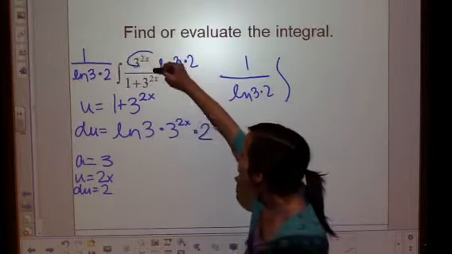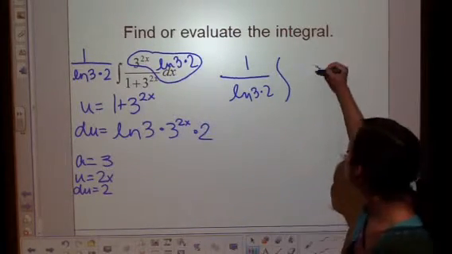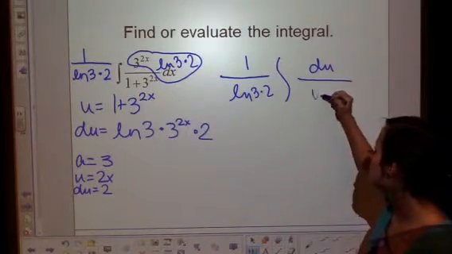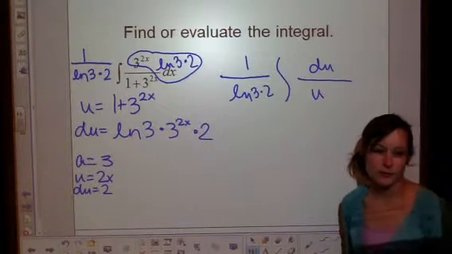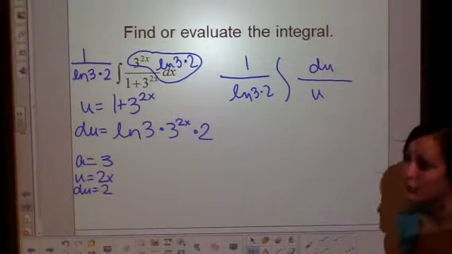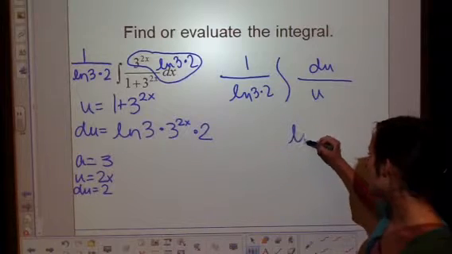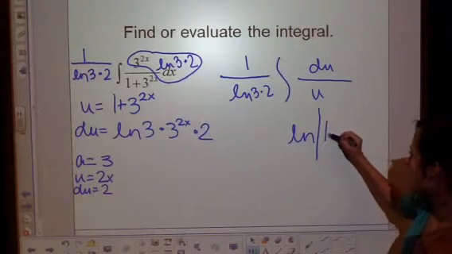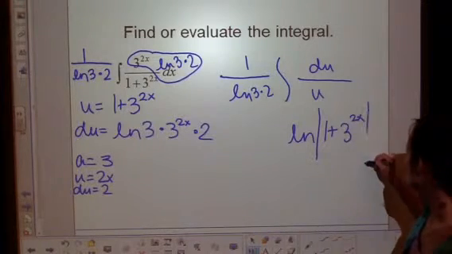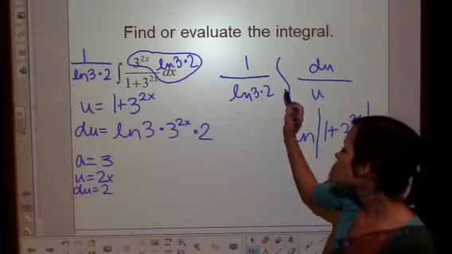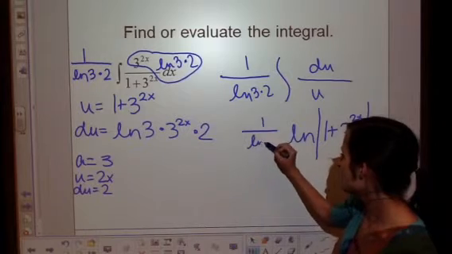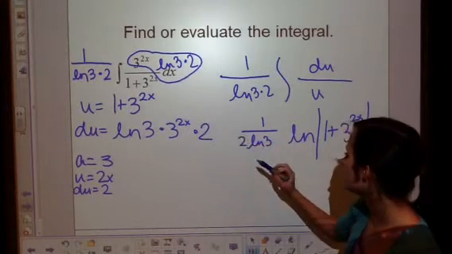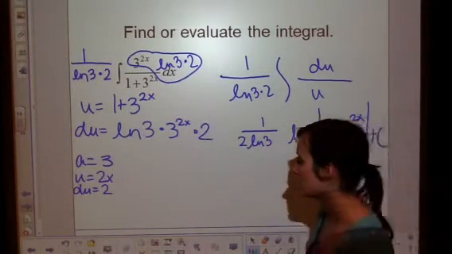This top portion in the dx is du over the bottom portion was u. Antiderivative of du over u, lots of properties to remember, is ln of u. So u was 1 plus 3 to the 2x plus c. And this part just carries down. And you could actually figure out what that numerical value is if you wanted. I'm going to put that 2 in front, that way I don't think it's part of the exponent.